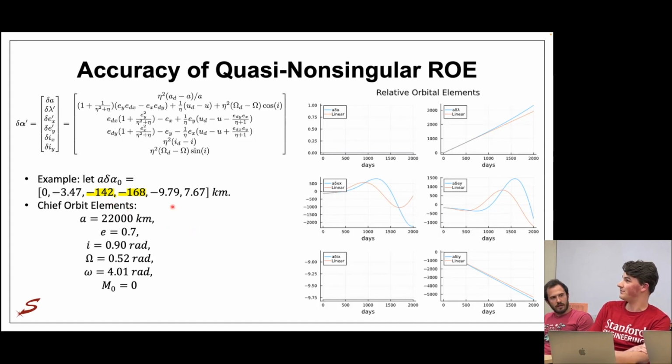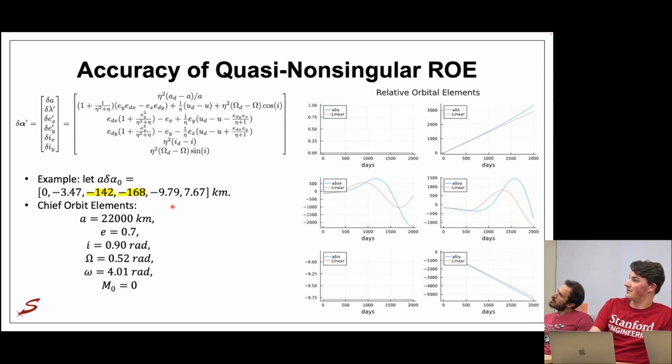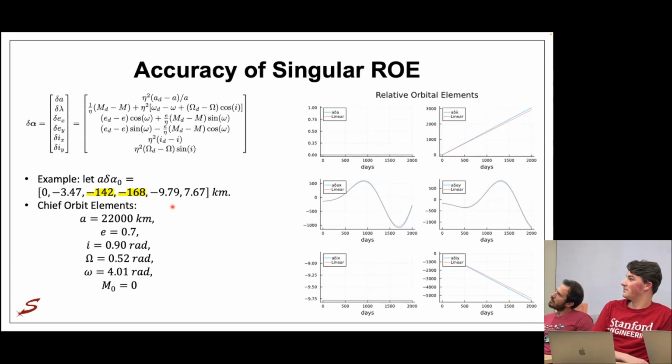But what's quite surprising actually is that the singular ROE set, even at the exact same set of ROEs, holds up significantly better. Yeah, exactly, which was almost expected. So it's the exact same set of ROEs as the last one, except this new set, the singular ROE, is actually quite a good model at this larger separation.